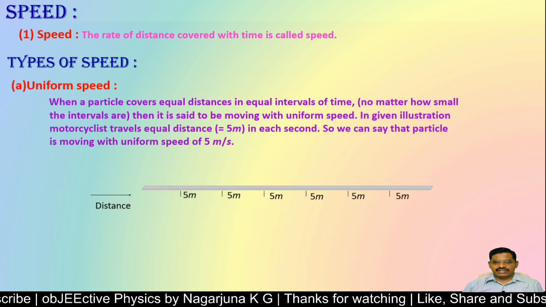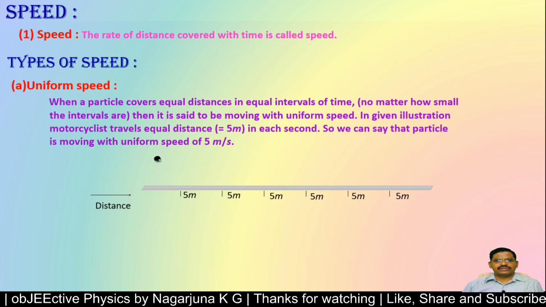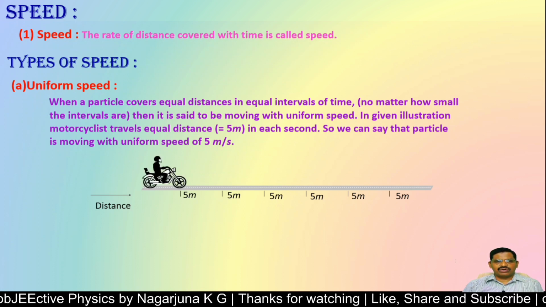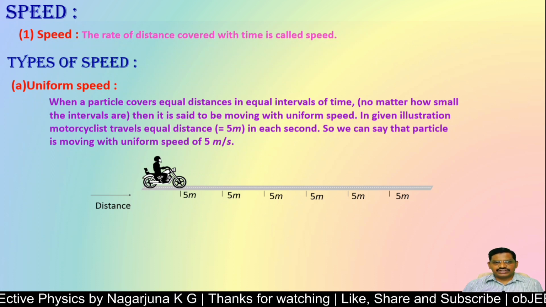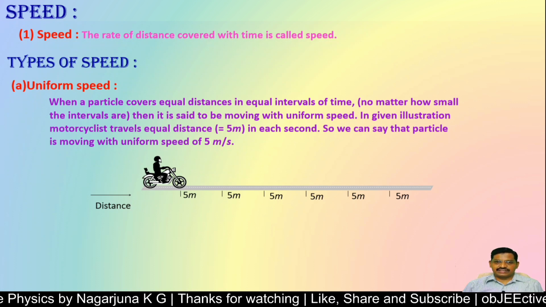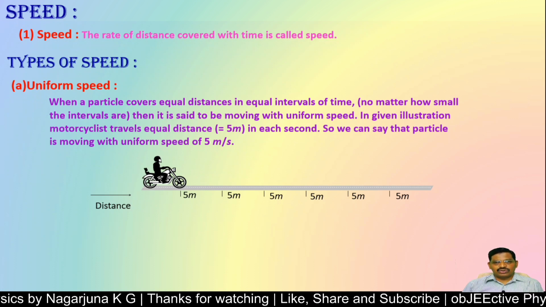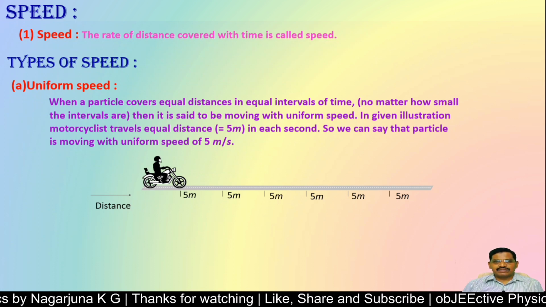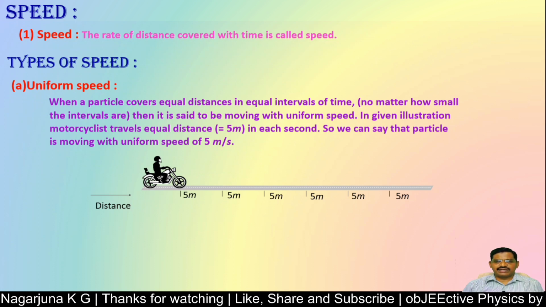All distances are equal: 5 meters, 5 meters, 5 meters and so on. Now a motorist. In the given illustration, the motorcyclist travels equal distances, equal to 5 meters in each second. So we can say that the particle is moving with uniform speed of 5 meters per second.